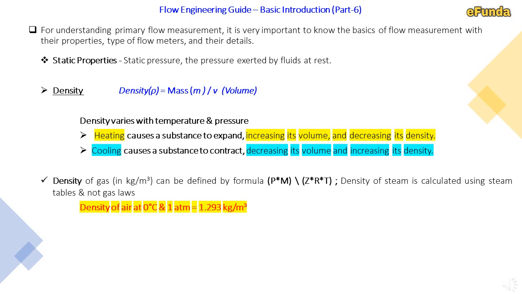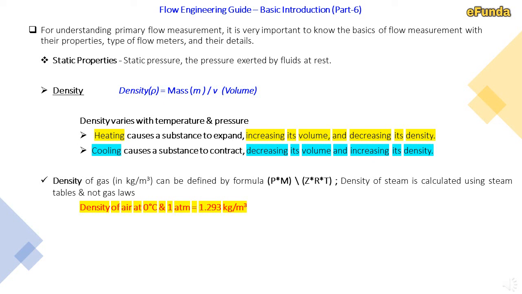Density of a gas can be defined by the formula shown on the screen. Then density of steam is calculated using the steam table and not the gas law. Density of air at 0 degree Celsius and 1 atmosphere is equal to 1.293 kg per meter cube.